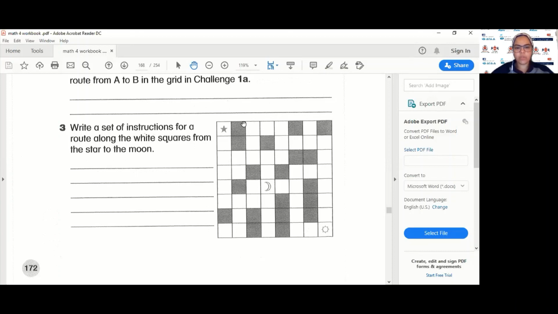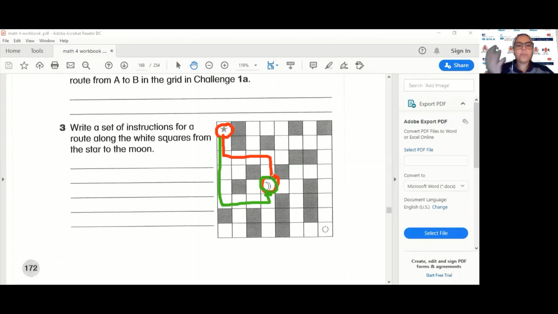Okay, so I'm going to choose this route from star to the moon. And then he wants you to write the instructions from moving from the star to the moon. You can choose different paths, okay? So you can, for example, move like this and reach the moon as well, okay?